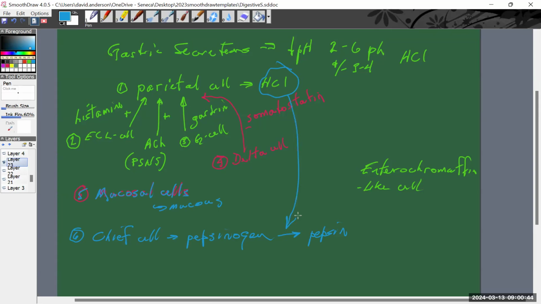Pepsinogen needs to be activated by the acids produced by these other cells. So when we're in a low pH environment, the pepsinogen being produced by this chief cell is going to be converted to pepsin. And together, HCl plus pepsin are going to break down proteins with a goal of achieving their building blocks, amino acids, sometimes small peptides and amino acids, but we're taking big molecules and making them smaller.